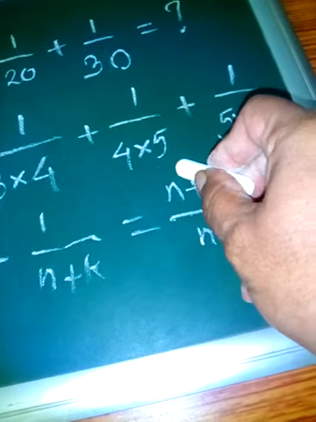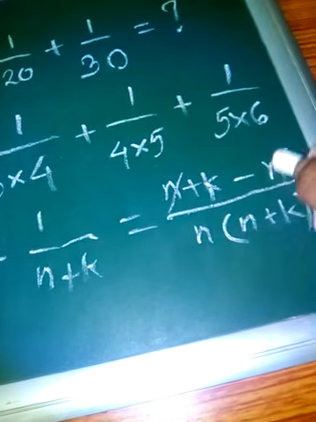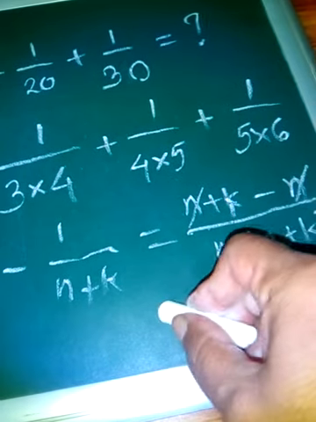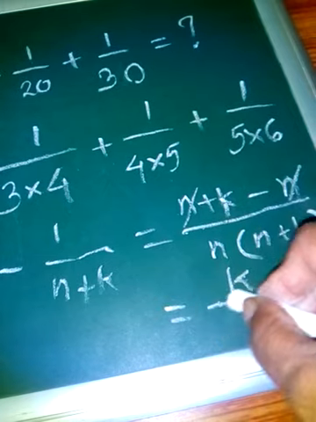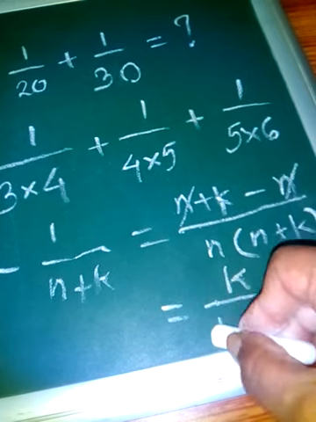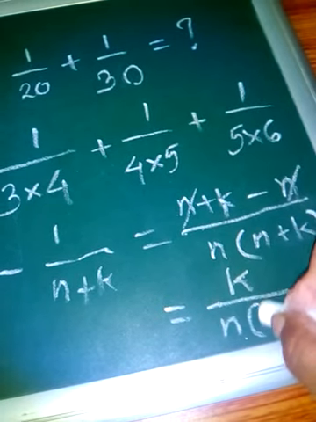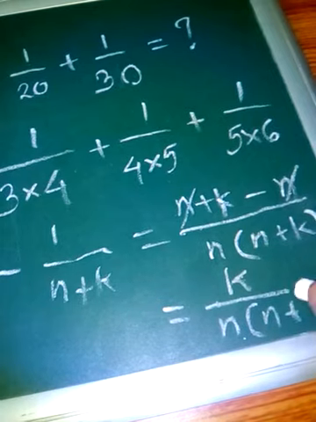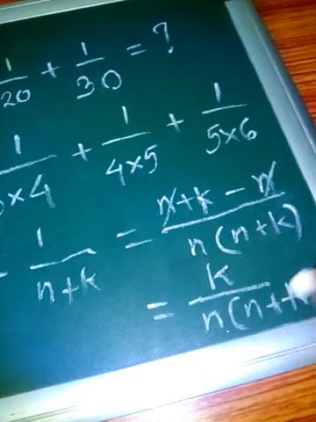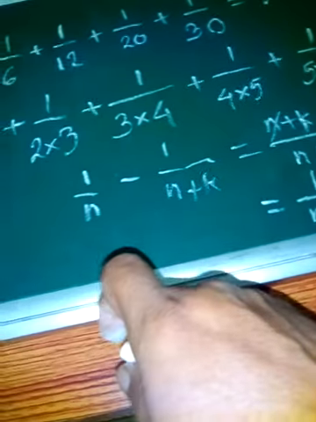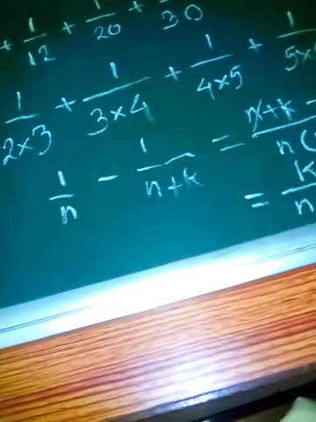So that eventually becomes, this n gets cancelled, and that eventually becomes k over n into n plus k. So this is a wonderful observation that helps you to solve such sums.